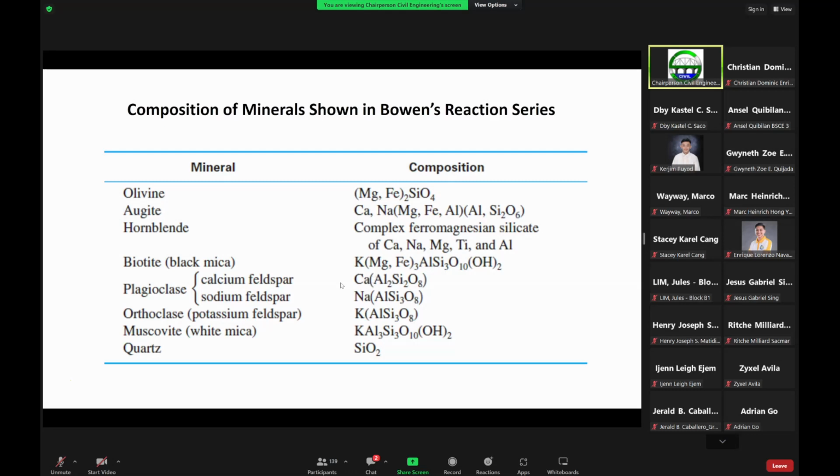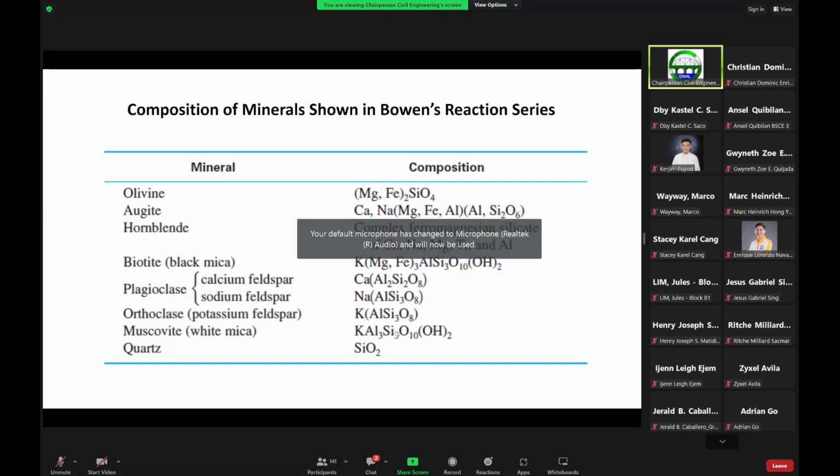Then you have the calcium feldspar, which is composed of calcium, and the sodium feldspar, which is composed of sodium, and you have the aluminum chemicals and silica. Then for the orthoclase, you have the potassium chemicals.